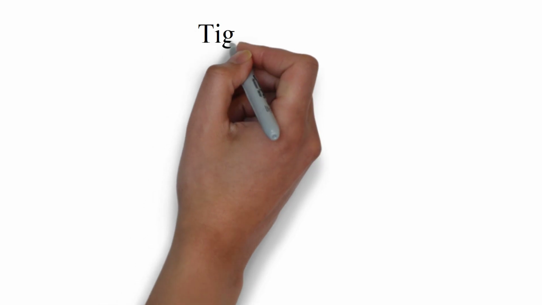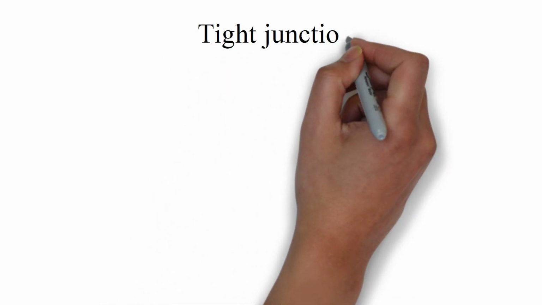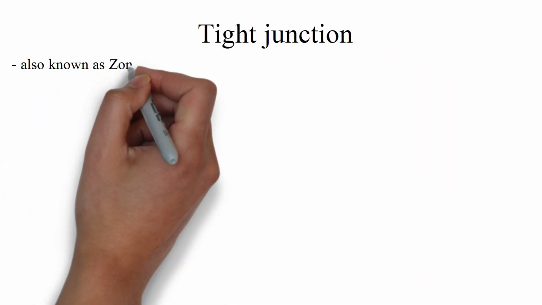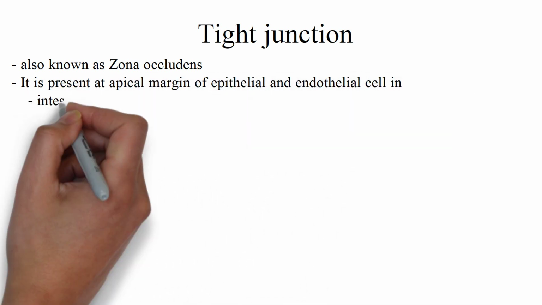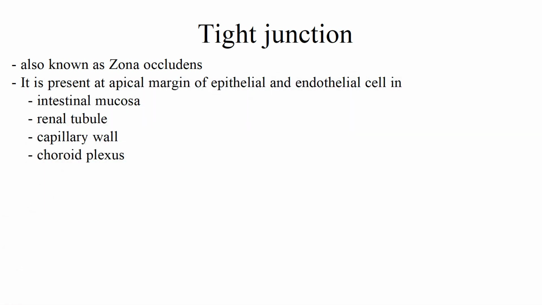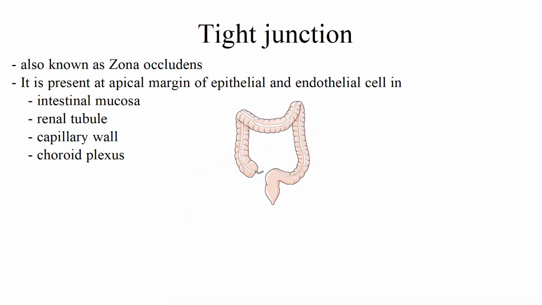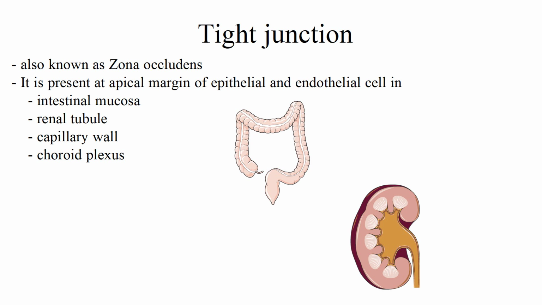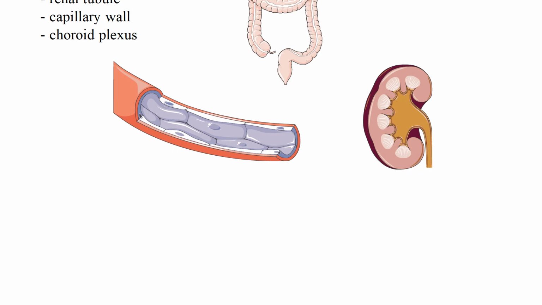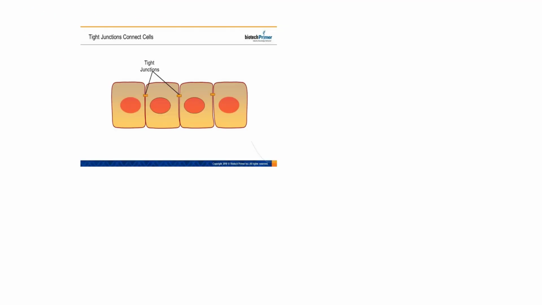Tight junction. Tight junction is also known as zona occludens. It is present at the apical margin of the epithelial and endothelial cells. It is present in intestinal mucosa, renal tubule, capillary, and choroid plexus. Its main function is to prevent the transport of intercellular substance. As you can see in the image, the two cells are connected by tight junction.